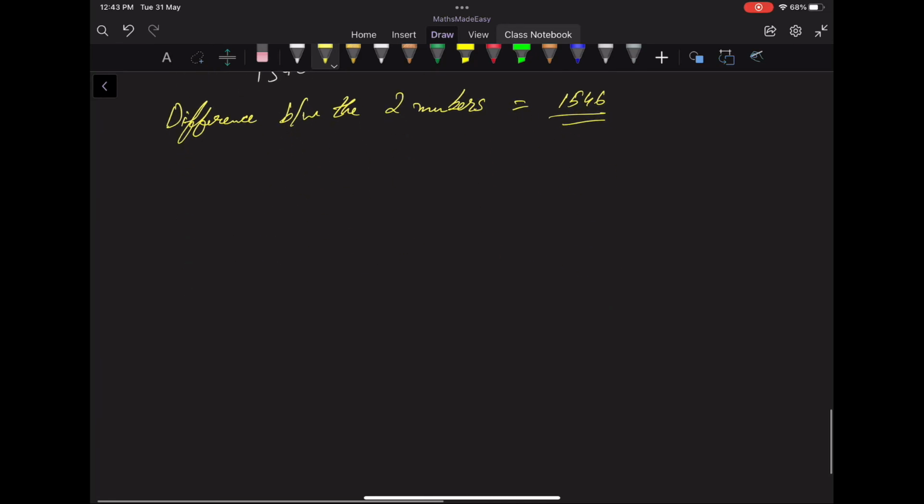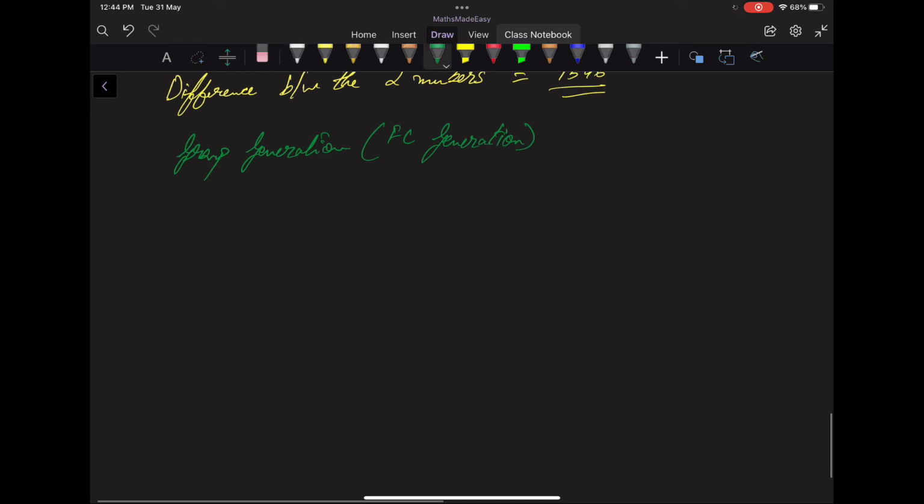Let me just explain to you guys how to do the group generation, or what I call FC generation, floor seal generation. Okay, how to do that? You just have to remember the first group. For nearest 10 we had 0 to 4 and 5 to 9.